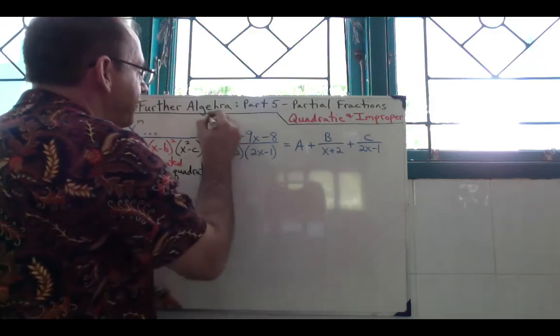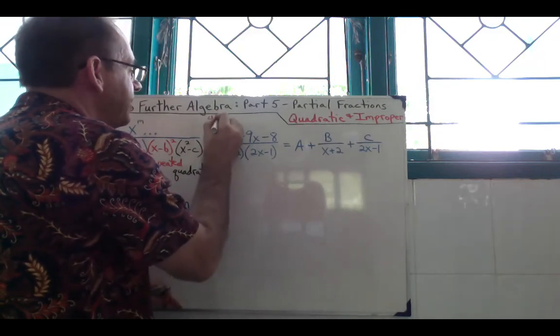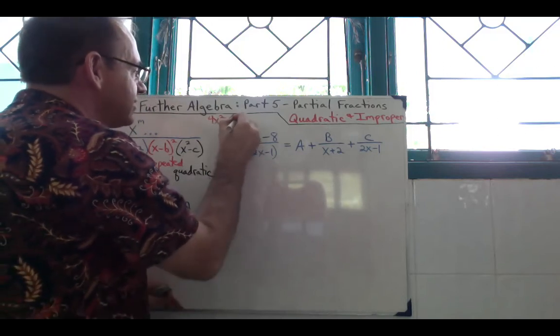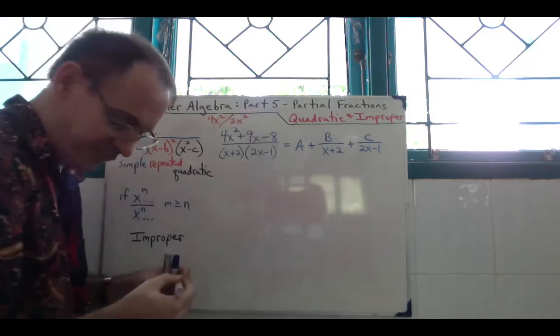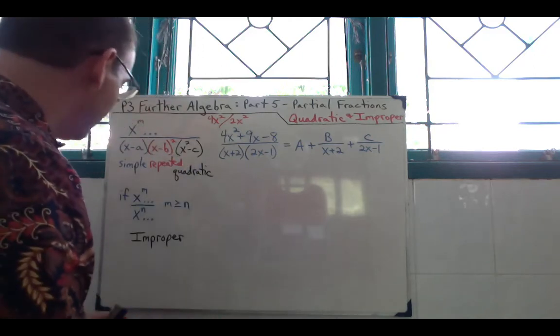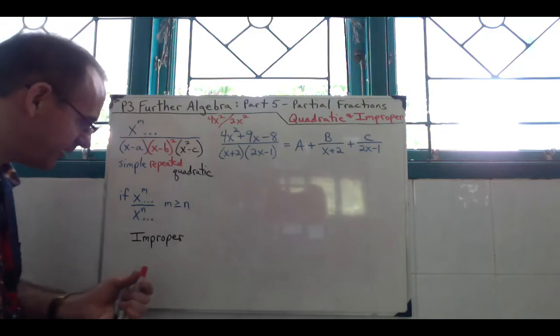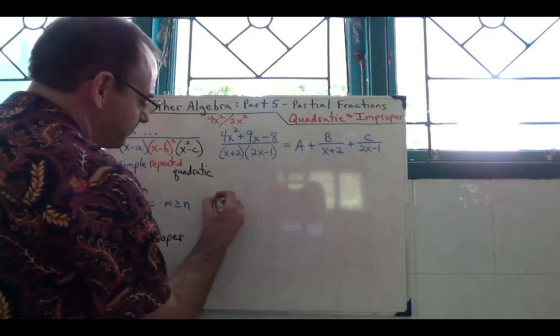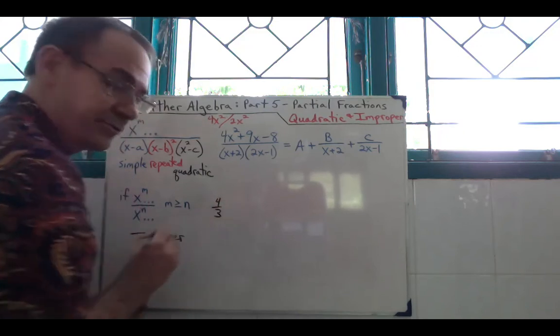Here we have a 4x squared on the top, and it is divided by a 2x squared. Okay, a 4x squared and a 2x squared. Now, if you remember in basic math, let's just say you have 4 over 3.